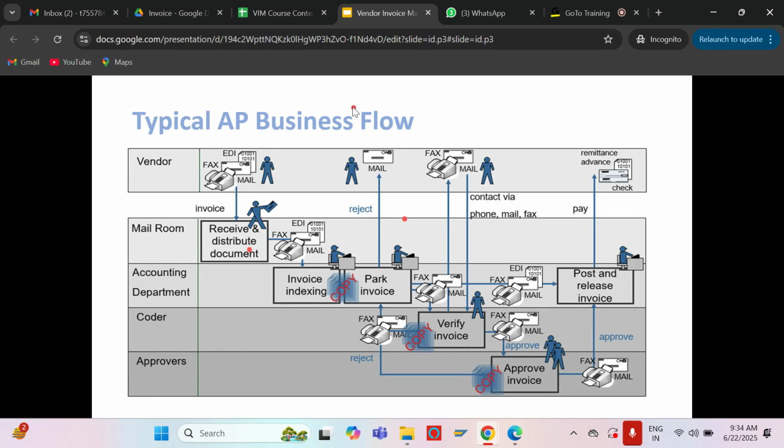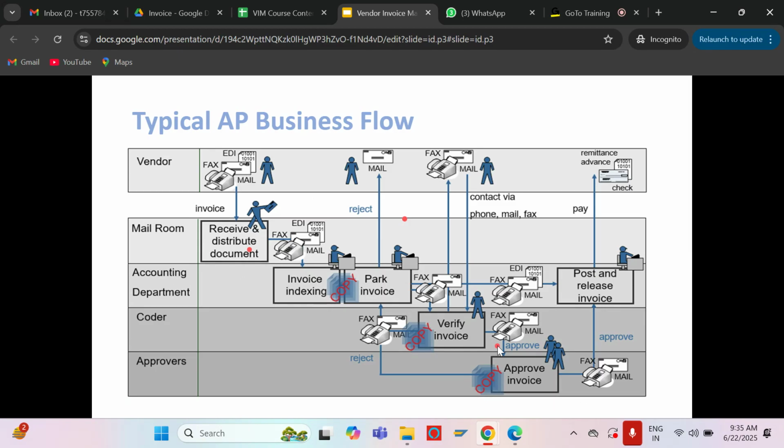The same invoice which was sent by the vendor to the mail room, from the mail room, it was segregated to different companies, company codes. Now, here itself, a copy will be created of the invoice, right? If any action is required, the same copy needs to be sent to the vendor. Also, the same invoice needs to be sent to the coder and approver for checking their details.